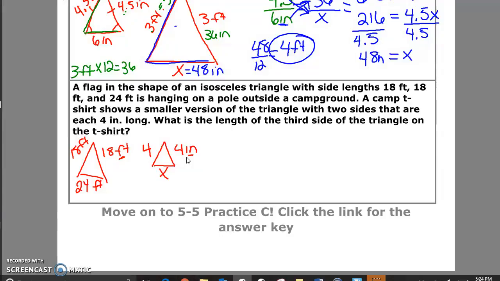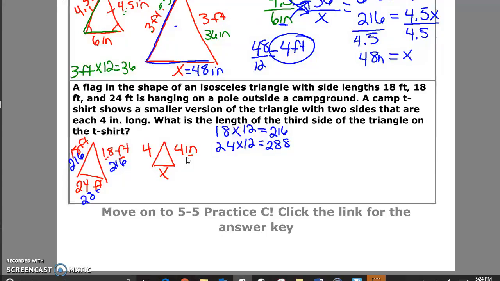So let's turn these feet into inches. So we need to take 18 and multiply it by 12 to give us 216. So I know this side is 216, and then 24 times 12 inches gives us 288.